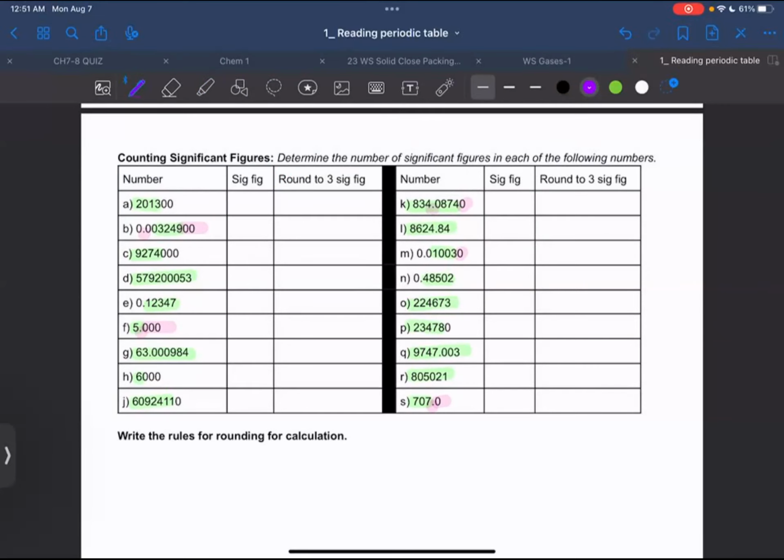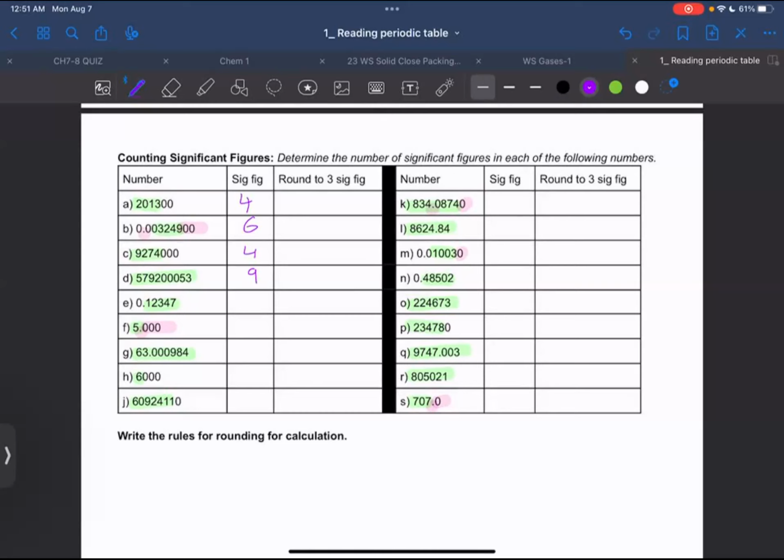So we say 1, 2, 3, 4. 1, 2, 3, 4, 5, 6. 1, 2, 3, 4. 1, 2, 3, 4, 5, 6, 7, 8, 9.